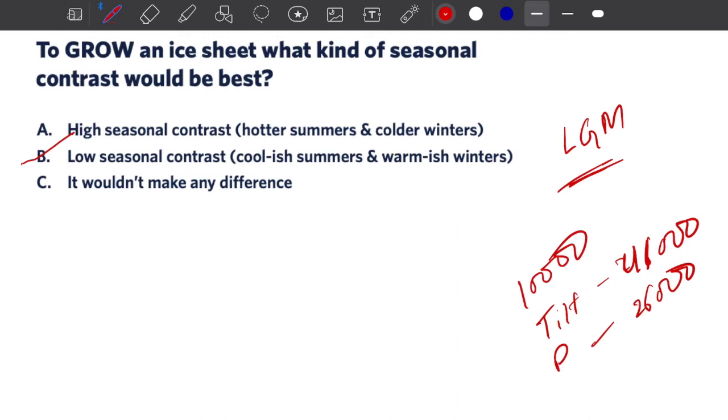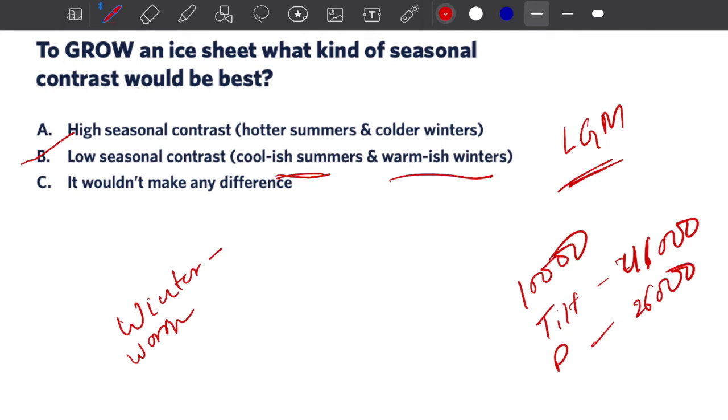In the northern hemisphere, if we have low seasonal contrast, there would still be snowfall in the warmest winter. Look what is written here, warmest winter. Winter is there, but it is warmish in nature, and summer is coolish.